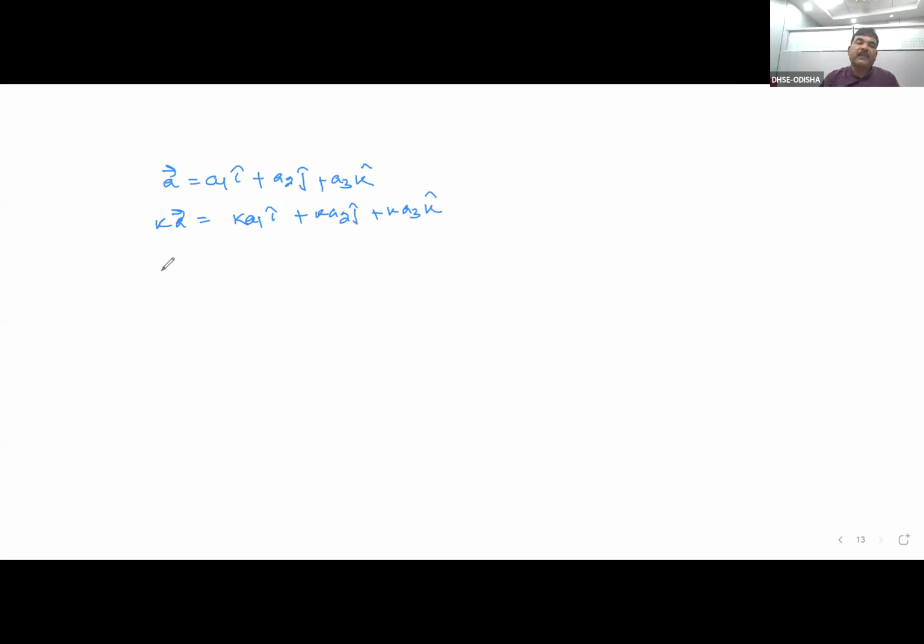Similarly, L B will be L B1 i cap, L B2 j cap, L B3 k cap, and M C is equal to M C1 i cap plus M C2 j cap plus M C3 k cap.